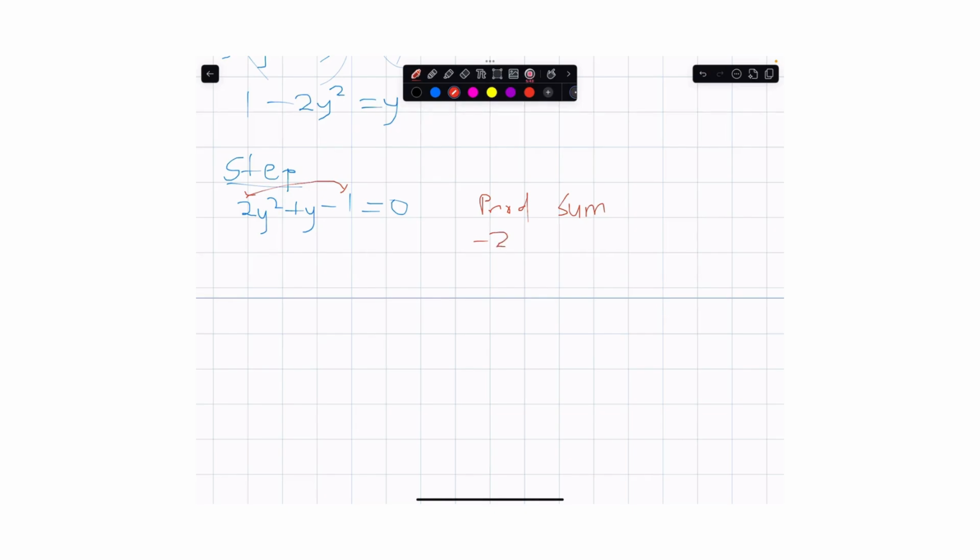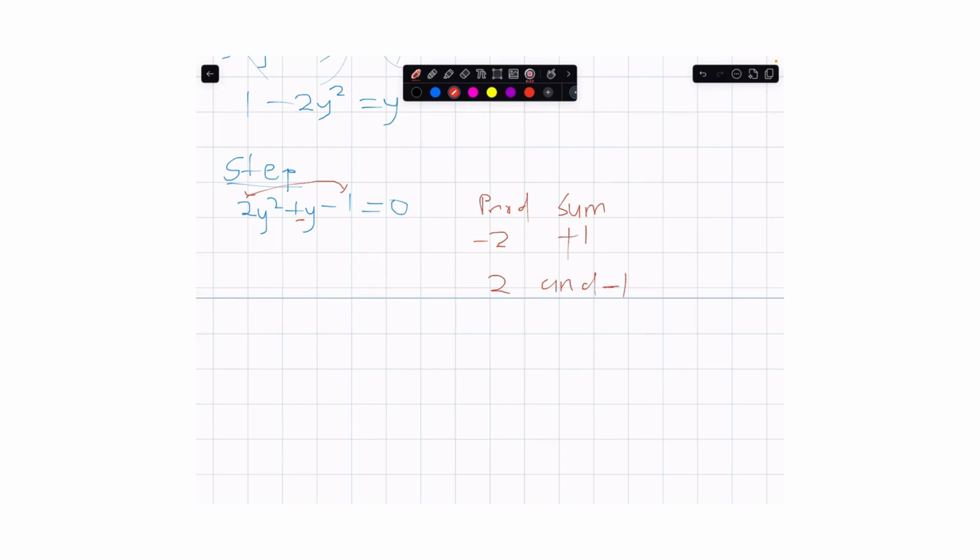Then you take the constant, the number that is assigned to y, which is plus 1. So you want two numbers whose product is minus 2 and whose sum is 1. So those numbers are 2 and 1. But for you to be able to get minus 2 and a sum of plus 1, you need a negative sign here. So those numbers are 2 and minus 1. If you multiply these, they'll give you minus 2. If you add them, they'll give you 1.